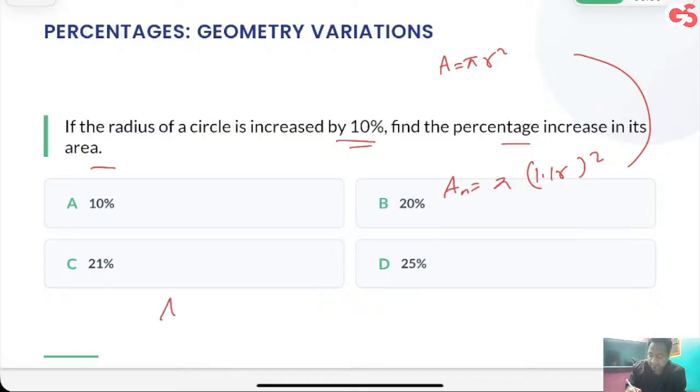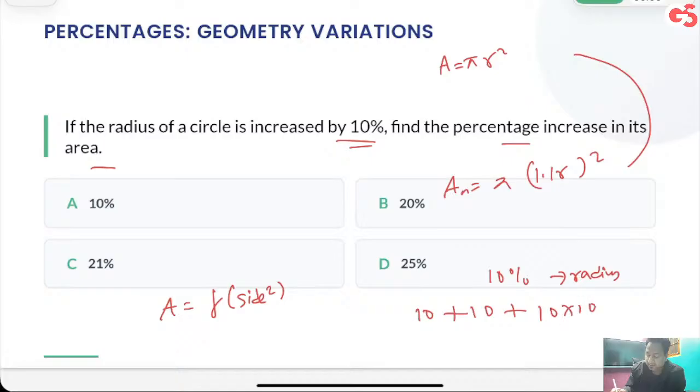We know that area is basically a function of square of side, radius, etc. So we can do it directly. If 10% is the increase in the radius, the increase in area can be done by successive percentage change. So 10 plus 10 plus 10 into 10 upon 100 percentage, which gives us 21%. Cool. Here we go, next one.